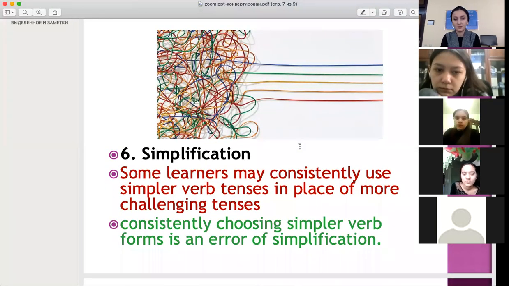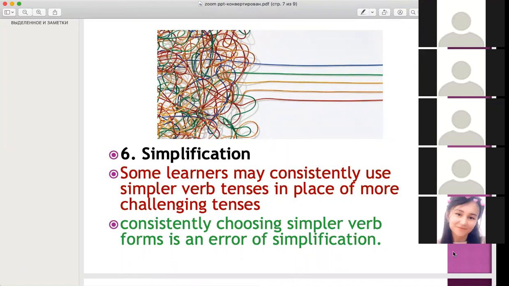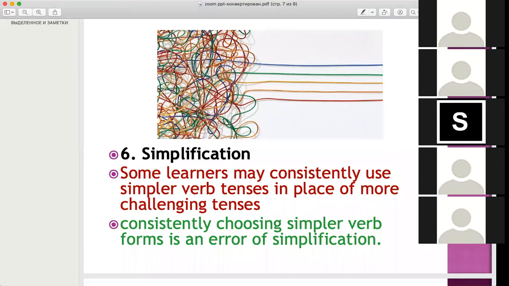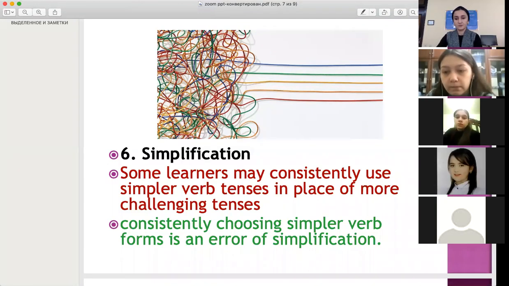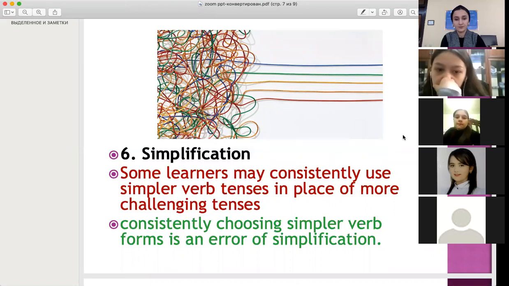What is simplification in the language learning process? Who wants to answer?